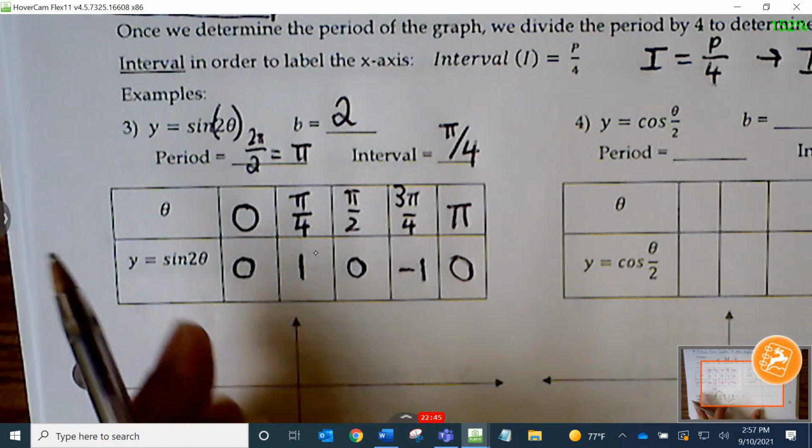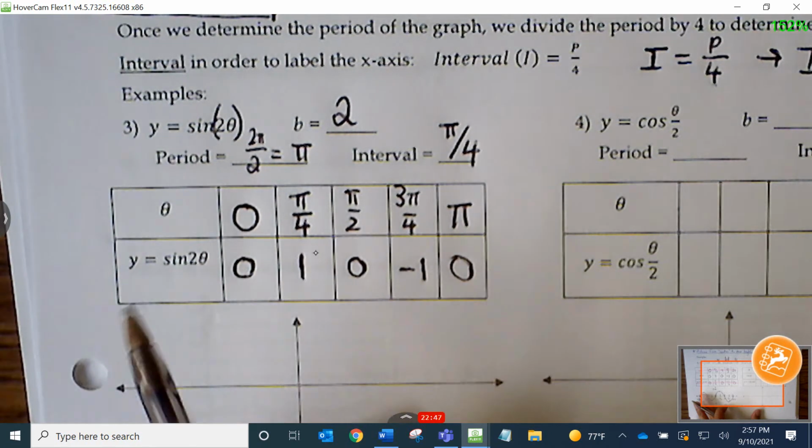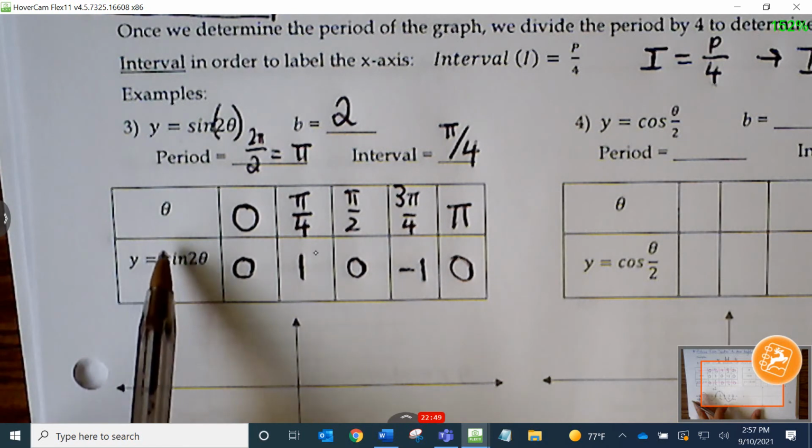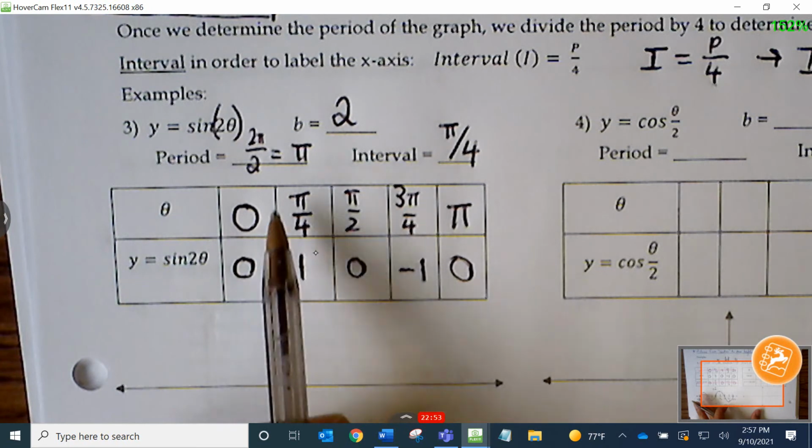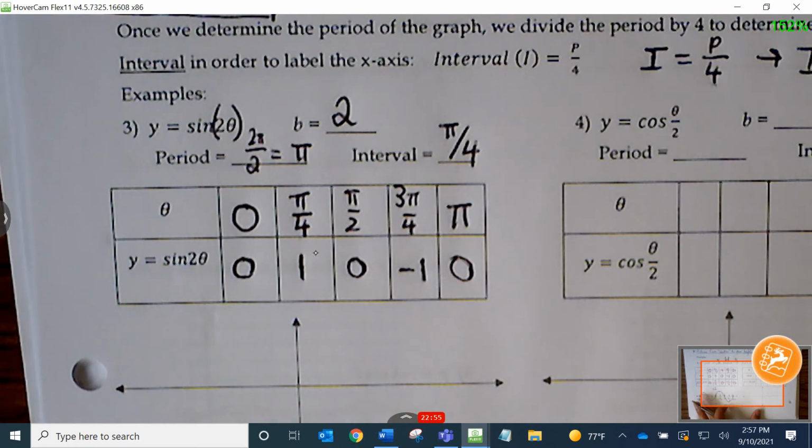So that's nice that our y value doesn't have to change because our a value is not changing it. Okay, so it's nice that if it stretches or compresses, we just have to find where the intervals are so that we have that nice y value that we can reuse over and over again.